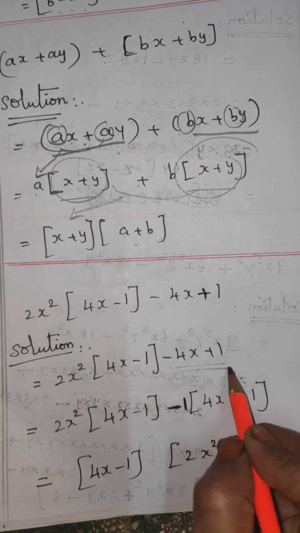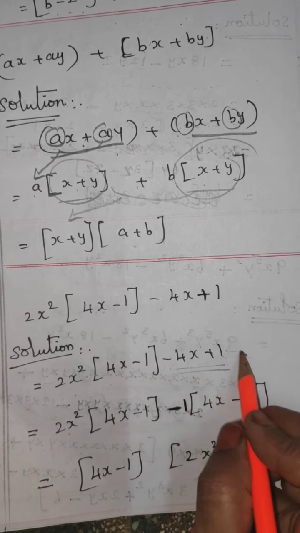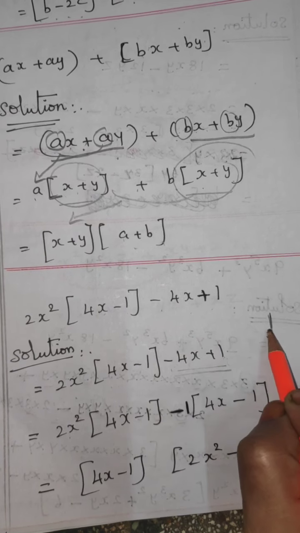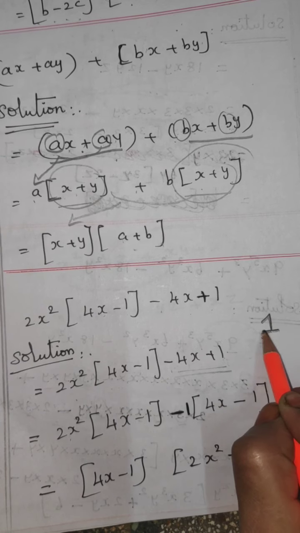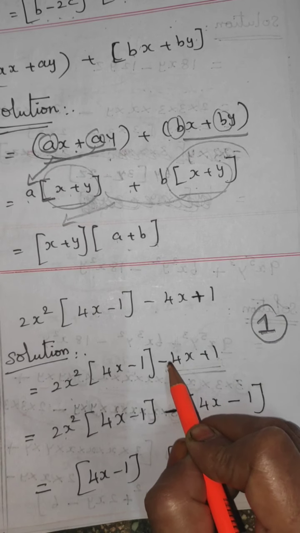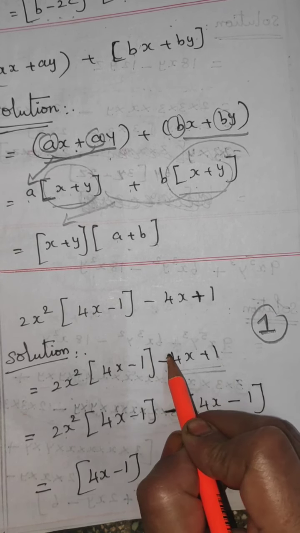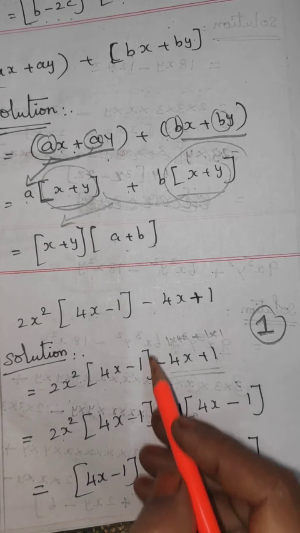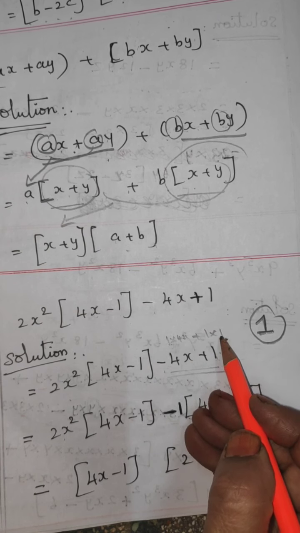This is the second term. Here no number can be taken out except 1. 1 is the common factor for all. So here also 1 is there, here also 1 is there. So 1 into 4x plus here 1 into 1.